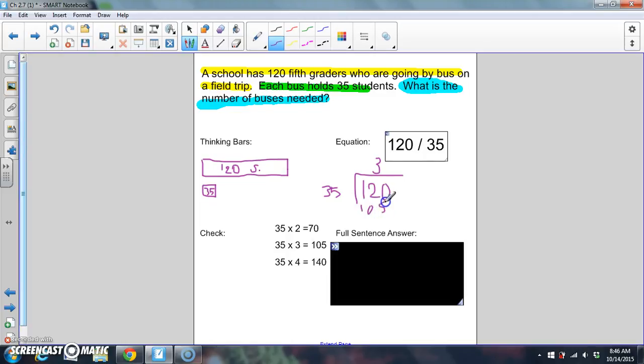And now I'm going to be subtracting. So 3 remainder 15. So let's finish this bar model to see if this would make sense.